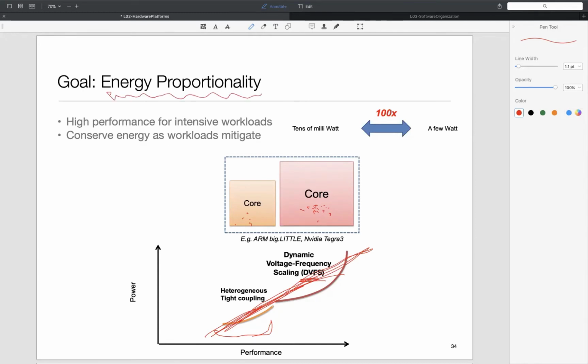Okay, so one way of thinking about it is, our individual components or subsystems are never energy proportional over the range of performance that we need. So we get the illusion of an energy proportional system by using many such components and then shutting them down as the case may be.